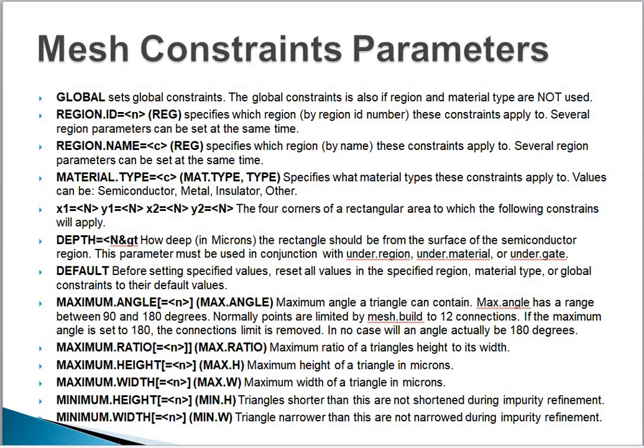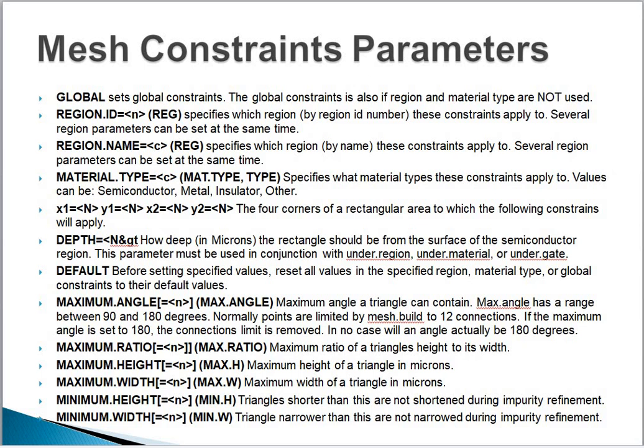Next, how to define the mesh constraint parameters in the DevEdit code. First one is global. Set global constraint. The global constraint is used if region and material type are not used. Next, you have to define the region number. Specify which regions these constraints apply to. Several region parameters can be set at the same time.